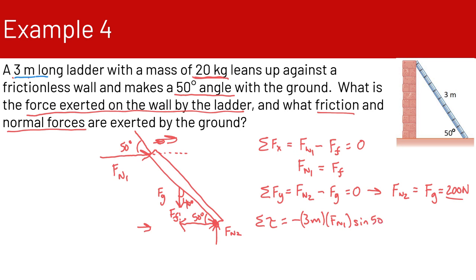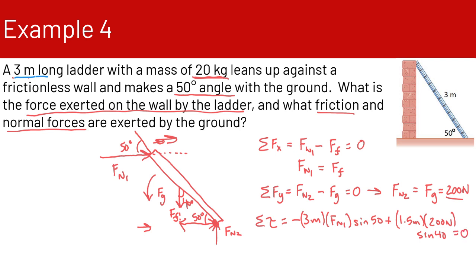Then we have the force of the ladder pulling down, so that's moving it in a positive, counterclockwise direction. So that's plus, and that is at 1.5 meters from the pivot point. And we know that force is 200 newtons, at an angle of 40 degrees, so sine of 40 degrees, and that all equals 0.